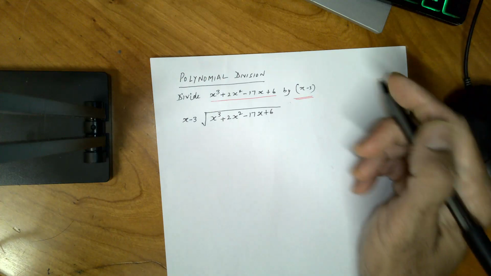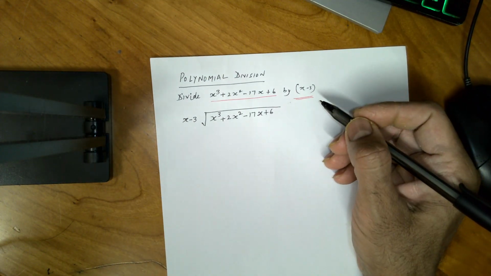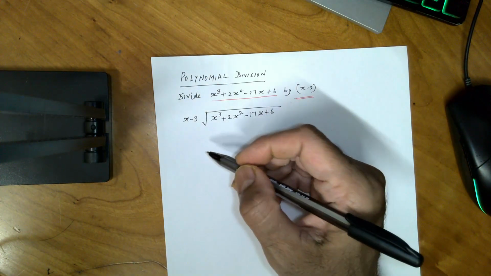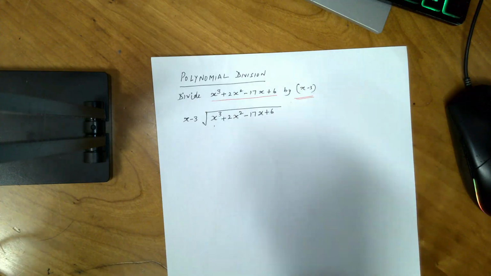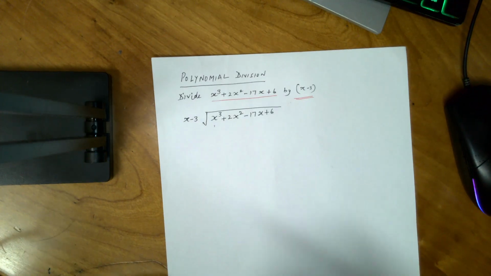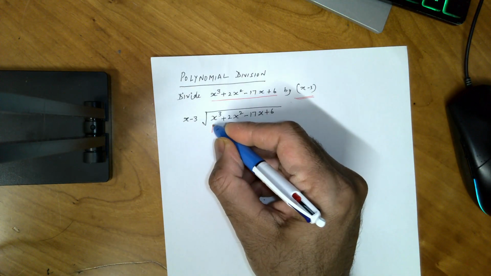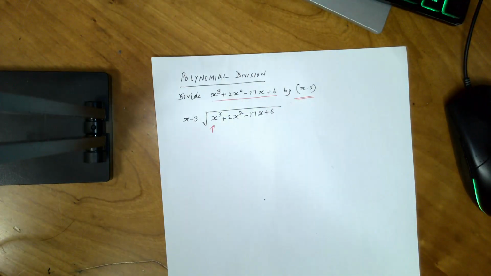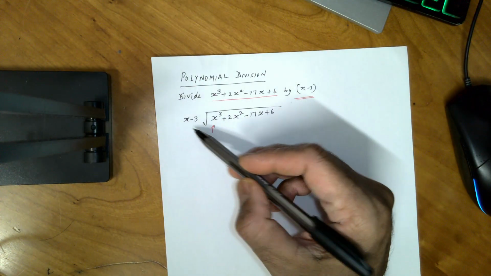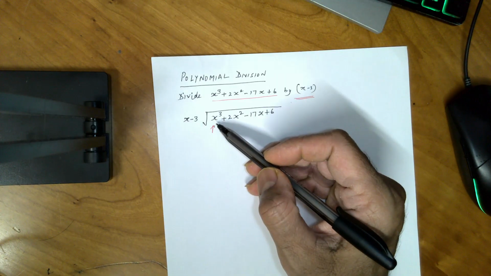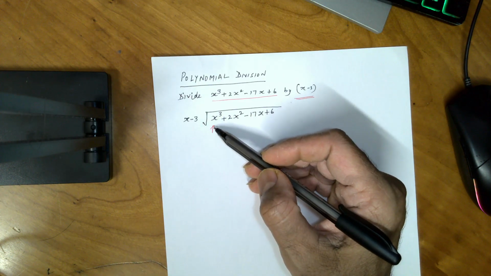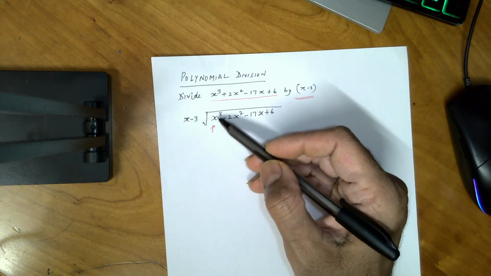So the first step, to start with, you need to see the first term. I will use red as well. So this x cubed is your first term. If you need to divide this, you need to have x cubed, because this is the first term.